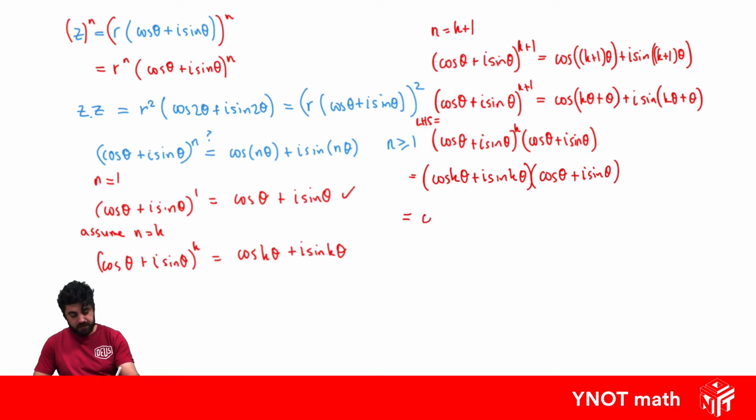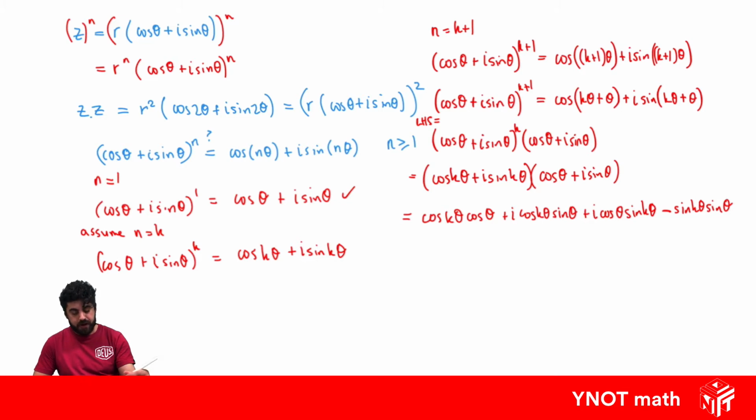So we're going to get cos k theta cos theta plus i cos k theta sine theta plus i cos theta sine of k theta. i times i is going to be minus 1, so we're going to get minus sine k theta sine theta.